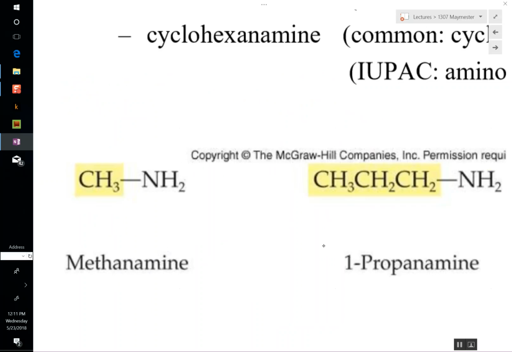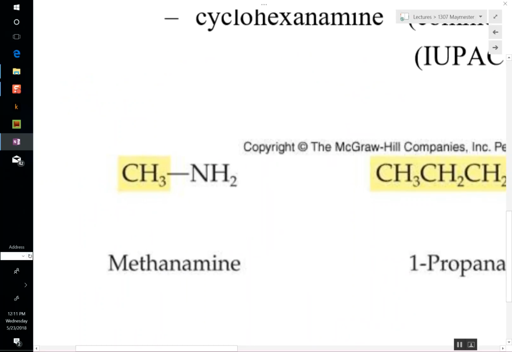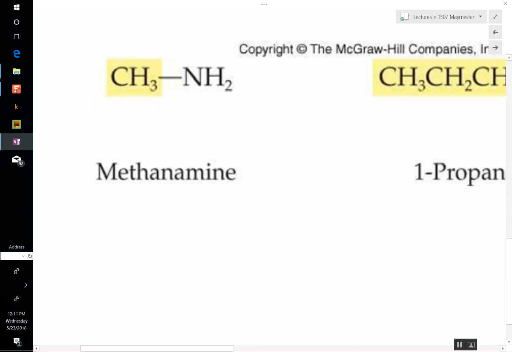Okay, so let's look at this one. We'll look at all 3 of the ways of naming this. Like I said, the simple name here is methylamine. That's the simple name. The name from the previous thing would be called 1-amino. 1-amino what?